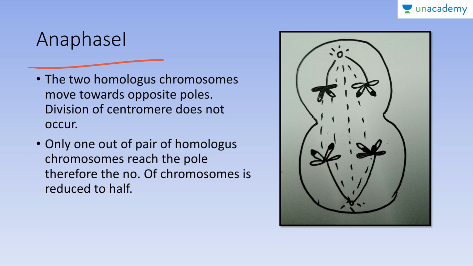No such splitting of centromere occurs in Anaphase 1. But you can observe that the number of chromosomes that move to either side has become half the initial. Therefore, the number of chromosomes is reduced to half. That is why we call it meiosis, because the number of chromosomes in each cell would finally reduce to half or lessen.